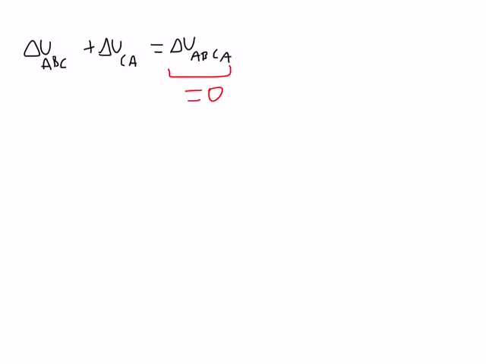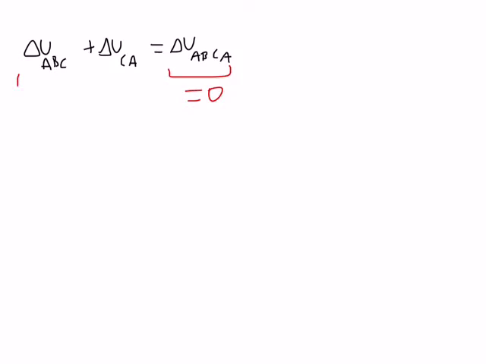So we want to figure out the change in total internal energy as we go from C to A. And we just calculated delta U from A to B to C, and we care about what's delta U from C to A. Well, the sum of all of those is the same thing as delta U A, B, C, A, right? That's a complete cycle. We went from A to B to C and then back to A. So since the internal energy depends only on the temperature, this must equal 0. Like the temperature at point A is the same. If you end up where you started, your change in temperature is 0, so delta U is 0.